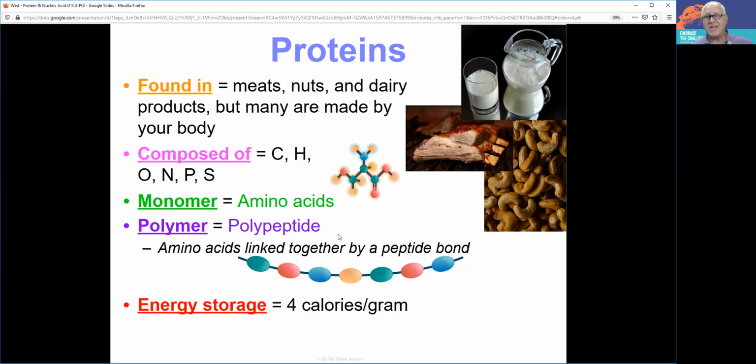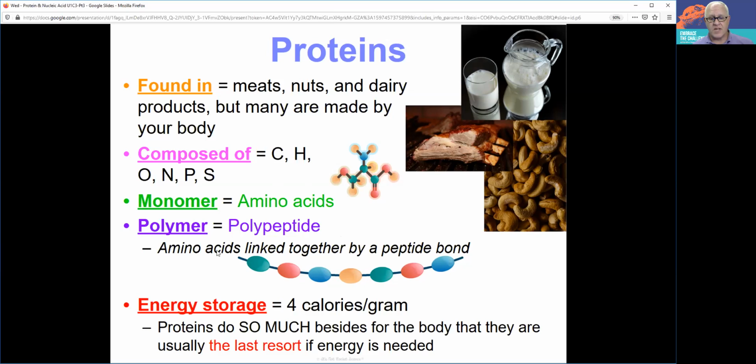But we're not going to be eating or using the proteins that our body produces for energy. We're going to be using proteins that we take in from other food sources. And so proteins do so much inside your body that they're actually the last resort for energy should you actually need to use your proteins for fuel.